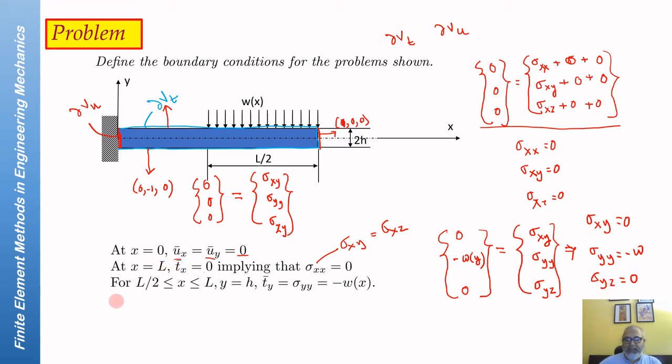So that is what has been defined for the surface x lying between L by 2 and L, at y equal to h. That surface has this boundary condition where sigma yy is equal to minus w. All other stresses are 0 on these surfaces. So this is how you define the boundary conditions correctly. You need to do this in order to model something in finite elements.